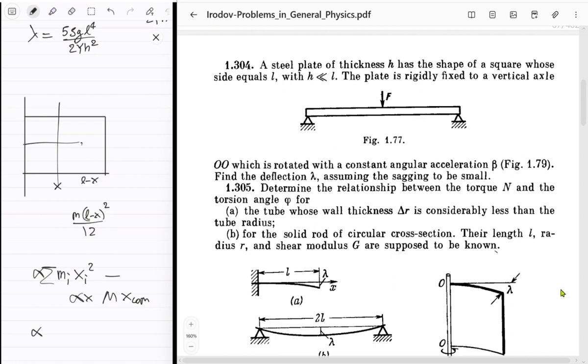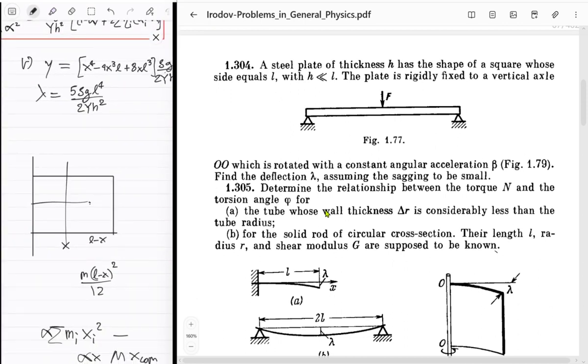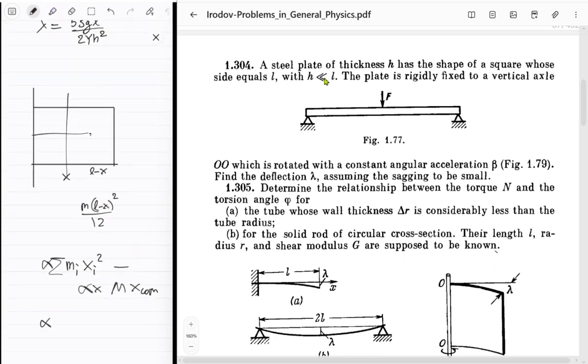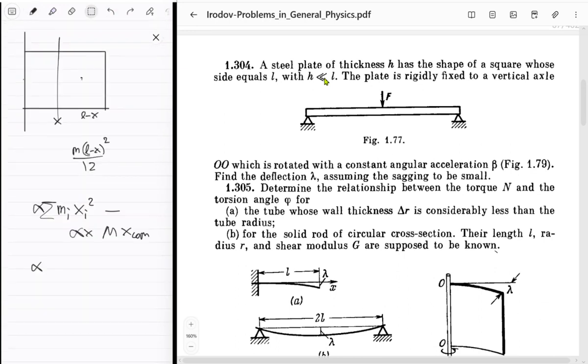Maybe I should just use density. Did they write everything using mass? Where did that go? It's a question about a steel plate, so we know the density. Okay, so I'm going to use density for that.